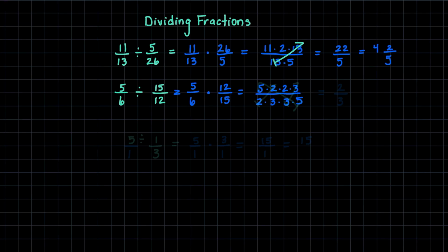Again, if you like to multiply the numbers and then simplify them down, go ahead. I just prefer to work with smaller numbers because it makes simplification a lot easier. Common factor of 2, common factor of 3, and common factor of 5, which all simplify to 1. So we're left with 2 out of 3.